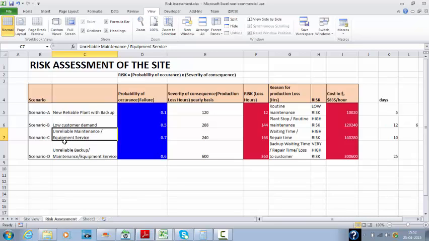There's going to be wait time because the site is remote, and there could be other uncertainties involved. Spare parts may have to be sourced from another part of the continent, and the maintenance crew may have to come from Germany or the United States, depending on the complexity involved.